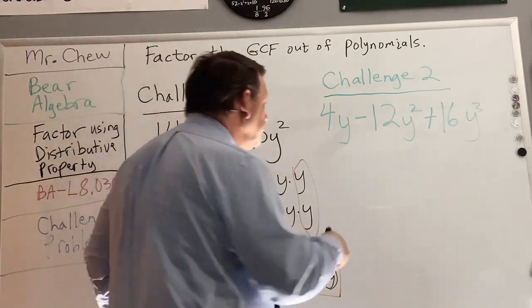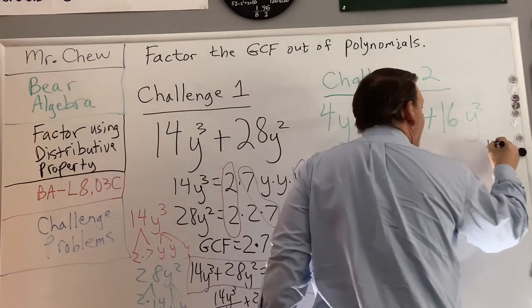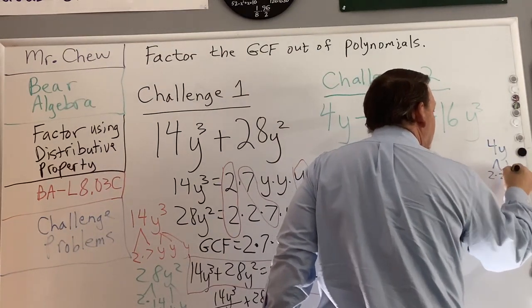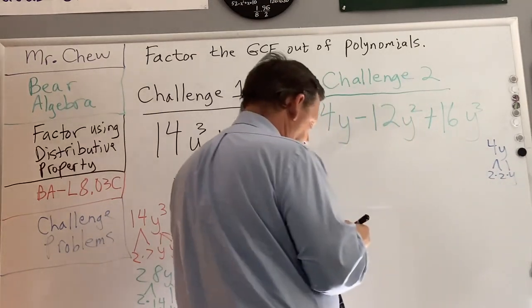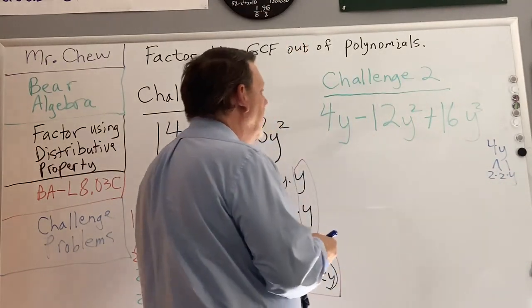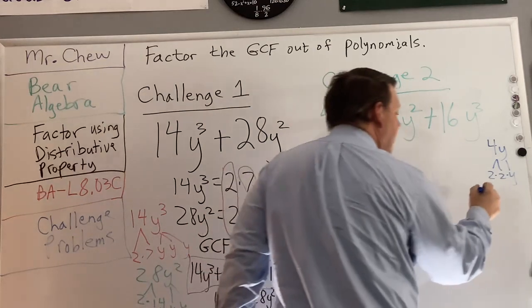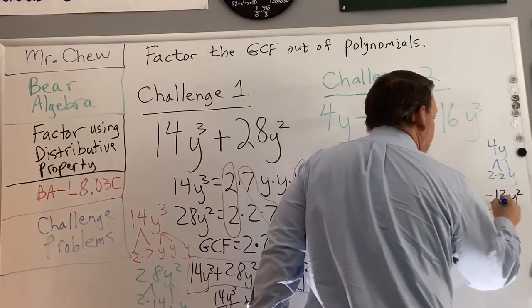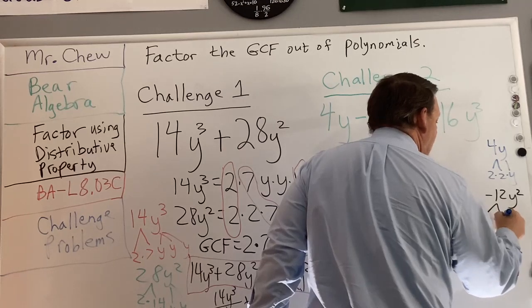So let's take the 3 terms and find all the factors. 4y is 2 times 2 times y. Negative 12y squared is negative 1 times 12.